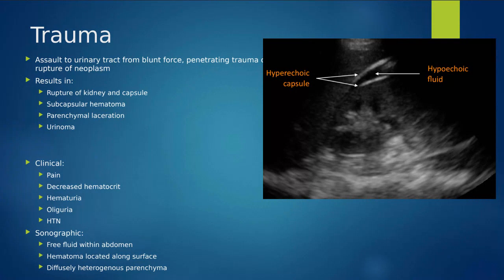Clinically, the patient's going to have pain, blood in their urine, oliguria, hypertension, decreased hematocrit levels. On ultrasound, we're going to see free fluid within the abdomen, so we want to be checking those abdominal spaces that we learned about. We want to be looking for any type of hematoma that's forming.